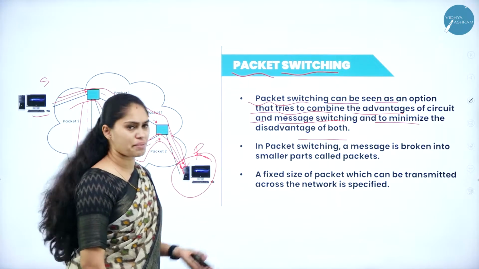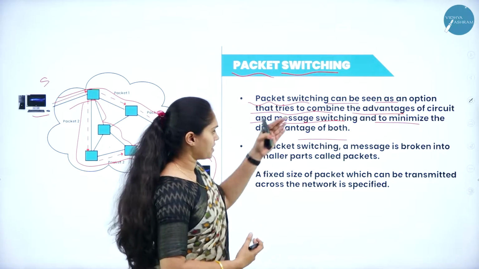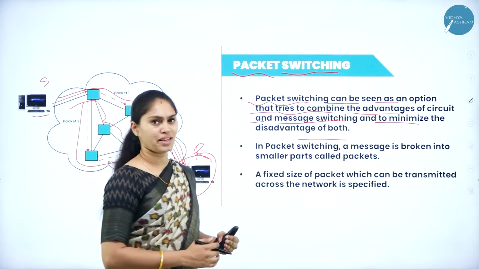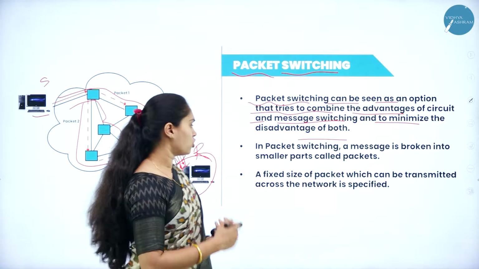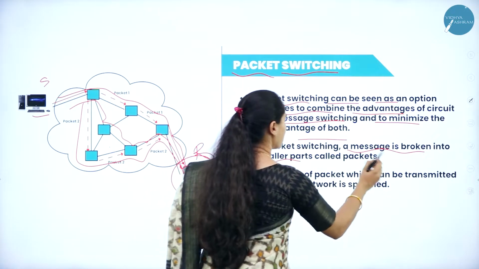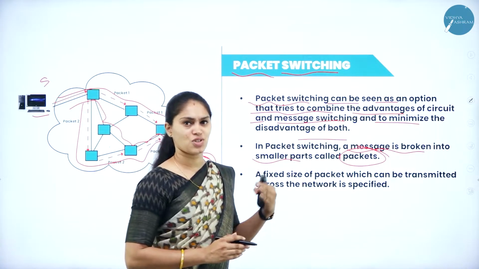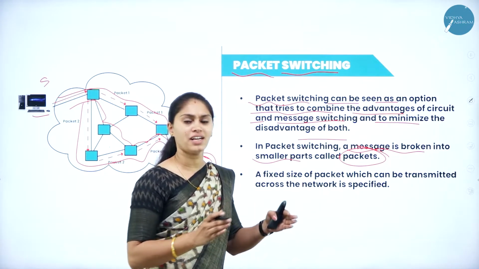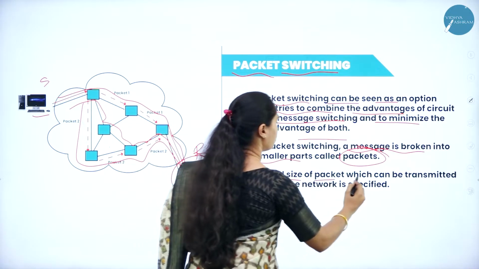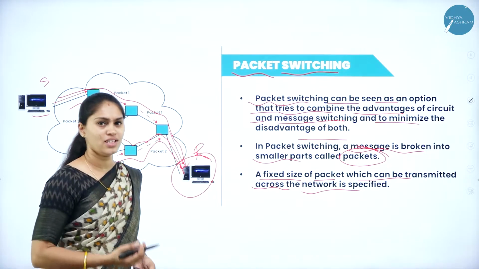It improves on the advantages of both message switching and circuit switching, and also minimizes the disadvantages of those two. In packet switching, the message is broken into smaller parts called packets. All the contents, images, messages and information will be divided into a number of packets, and those packets are of a fixed size which can be transmitted across the network, which we are going to specify.